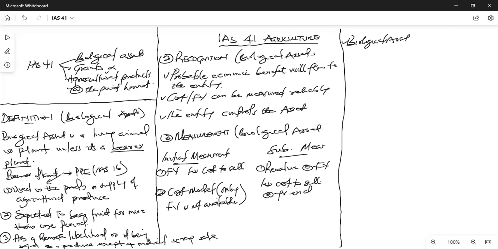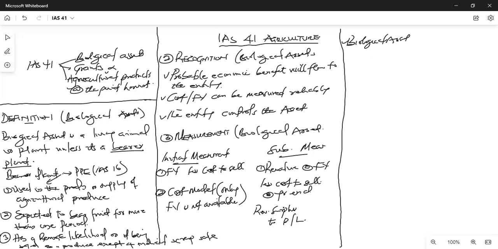And any revaluation surplus or any gain that comes in it will go where? Will go to the P&L. All right, so that is it.